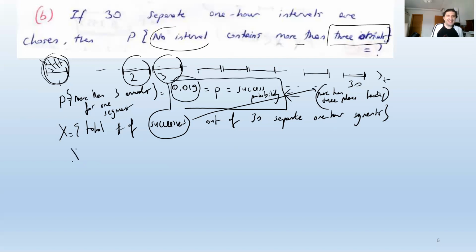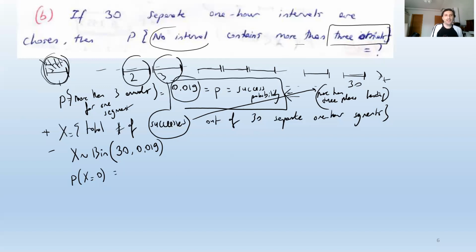Now, I think these 2 steps are the most important steps. x is binomial distributed with number of trials 30 and success probability 0.090. And the question asks, what is the probability that x is equal to 0?